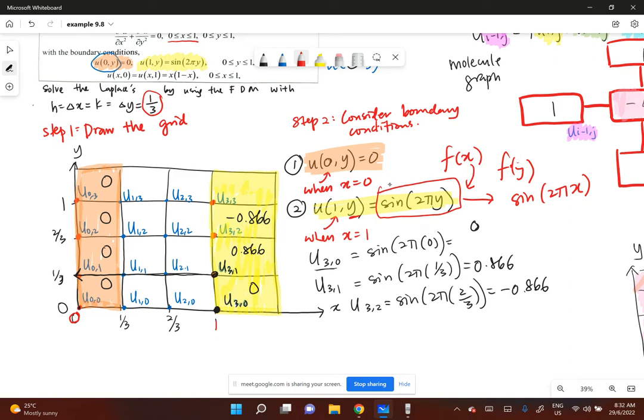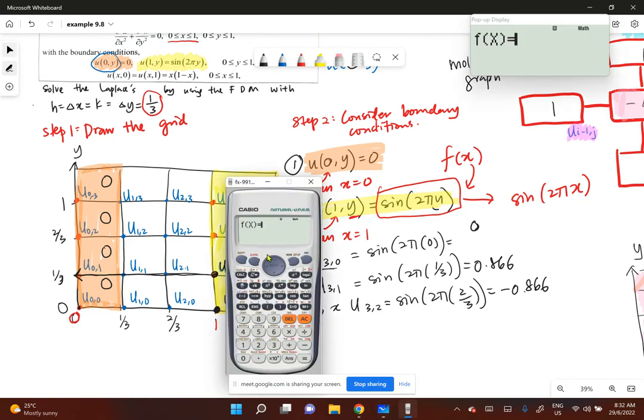Here this is y, but now you change to x. So if you ask what is fx, you just key in sine 2 shift pi, but now because this is fx, you put alpha x.